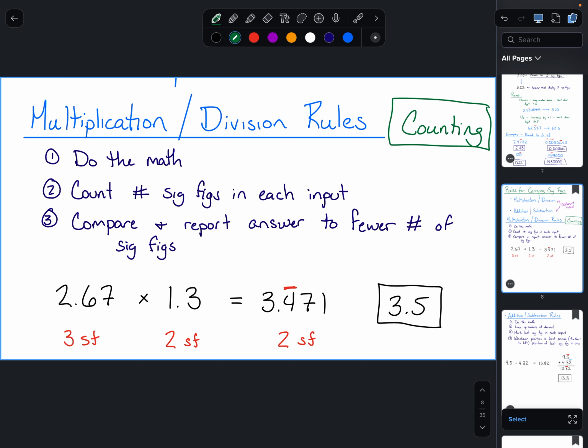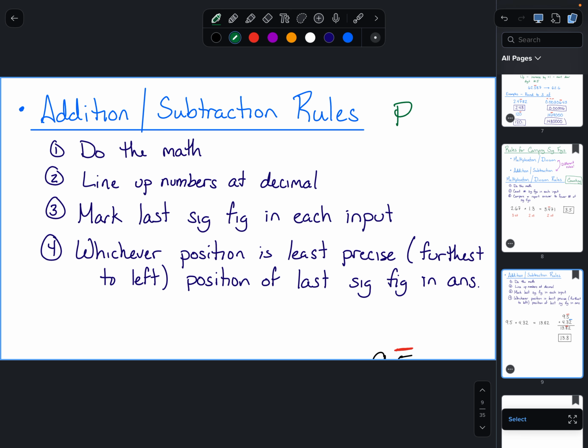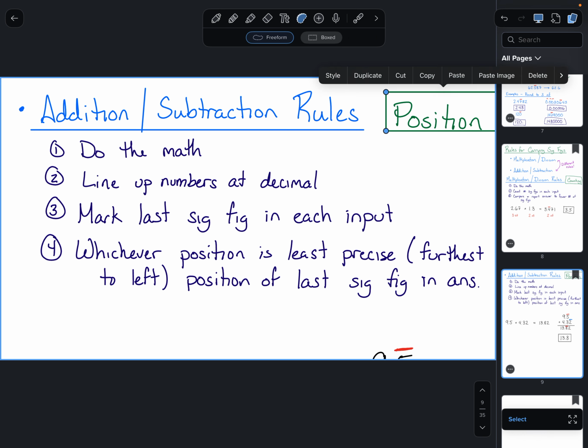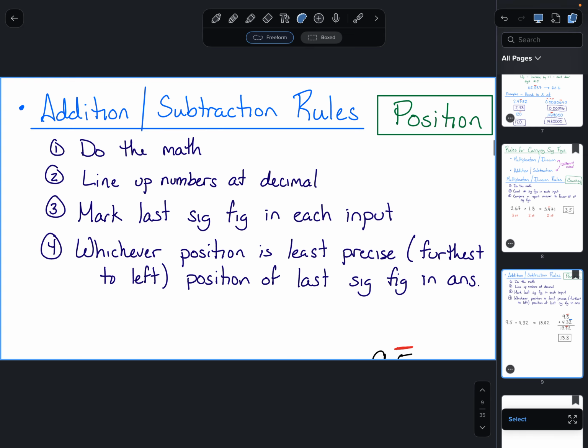It's about counting the sig figs of your input. That's multiplication and division. Addition and subtraction, it is not about counting. It is instead about the position of that last sig fig. So if I'm going to boil this down to one word, I'm going to remember it's all about the position of the sig fig in my inputs.